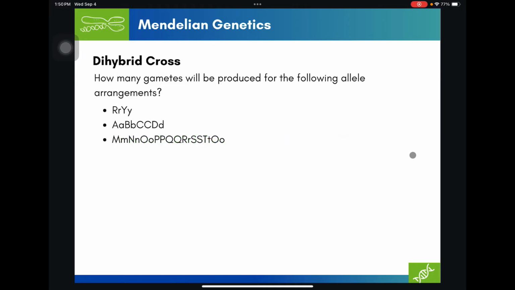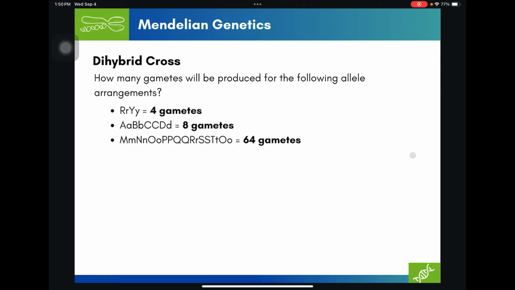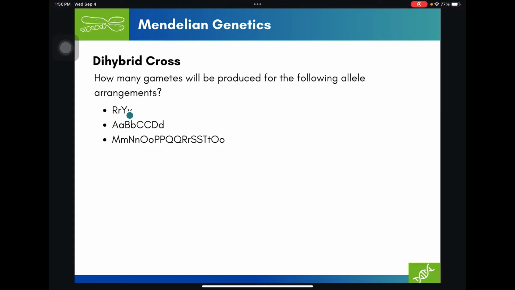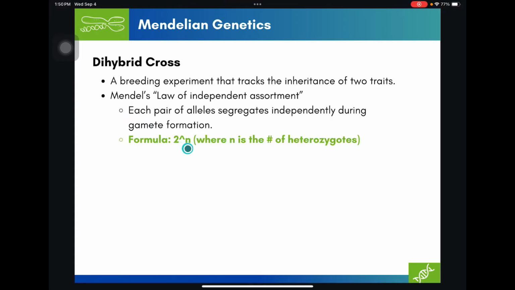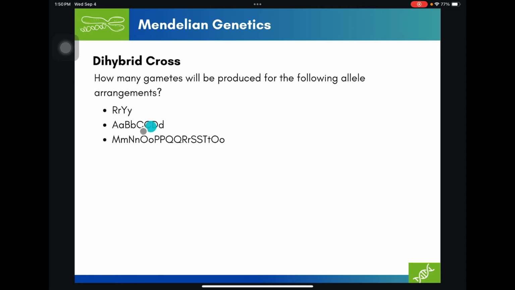You might want to stop this video and try to answer this on your own. Alright, so the answer for the first one is 4 gametes because there are 2 heterozygotes here. Substituting that to our formula, 2 raised to 2 is 4. In this one, I have here 1, 2, 3 heterozygotes.